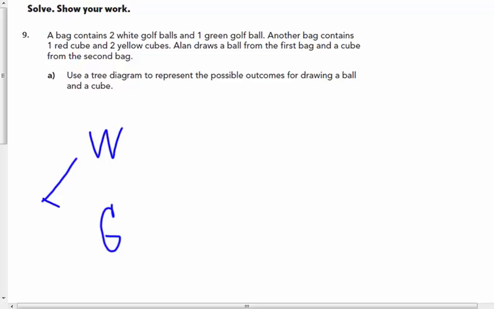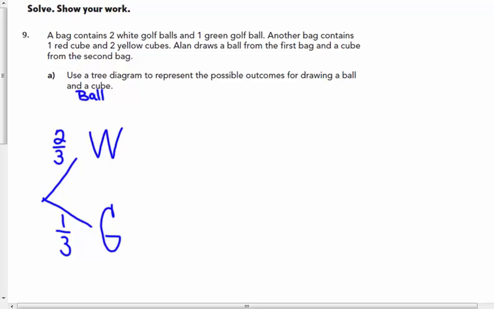Are they equal? No, 2 whites and 1 green. So 2 out of 3 of them are white, 1 out of 3 of them are green. So this is my first choice, picking a ball out of the first bag. Then Alan draws from the second bag a cube. Are they equal? 1 red and 2 yellows.